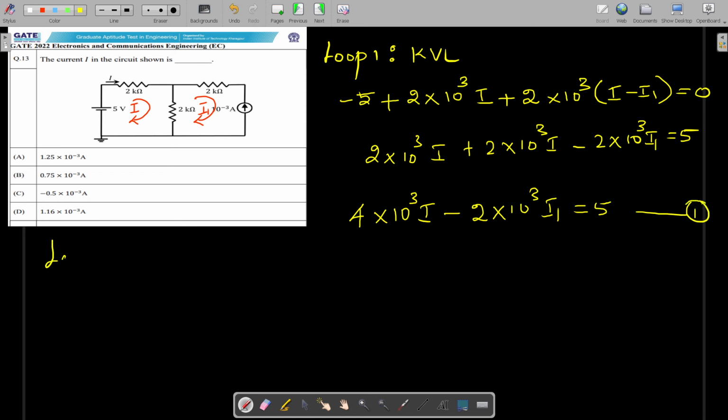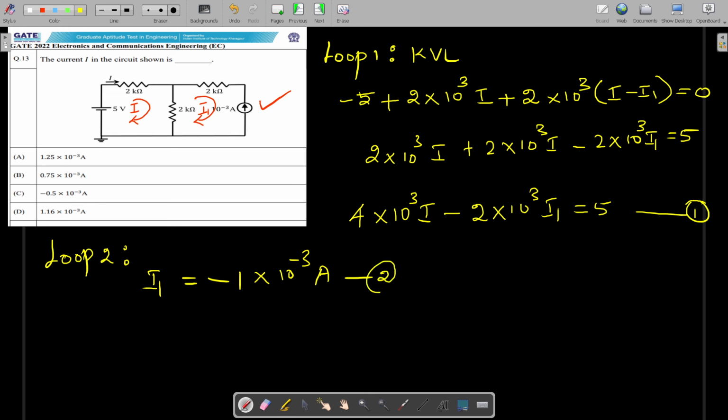When you consider the second loop, we cannot apply KVL because the current source is available at the periphery. We can simply write I1 equal to minus of the current value, 1 into 10 power minus 3 amperes. As I1 and the current source have opposite directions, you have to place a minus sign here.